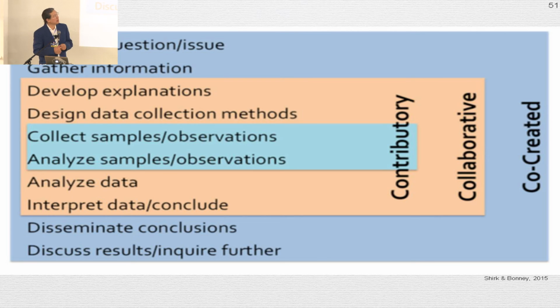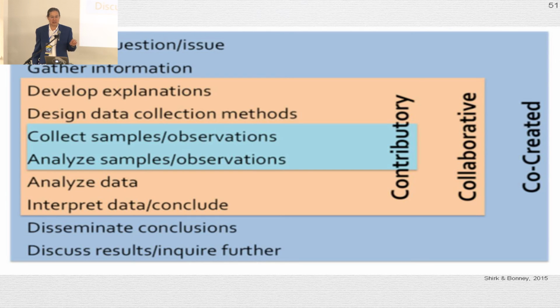Another kind of broadening is in the scope of tasks that people work on in citizen science projects. Most of the ones I've shown you up until now have focused just on this middle part, so either collecting data or analyzing data. And there's a nice framework from Shirk and Bonney. Bonney is the one, by the way, who coined citizen science, where they basically point out that there's a lot more to science than just collecting or analyzing data.